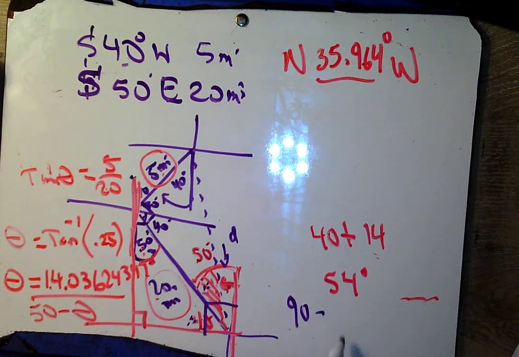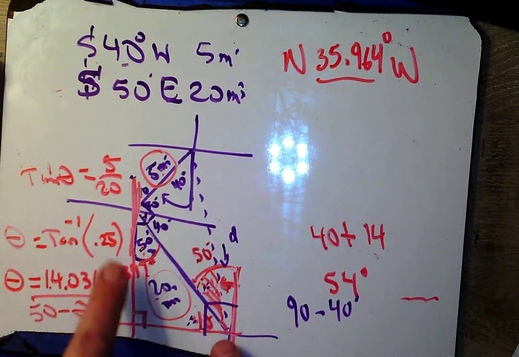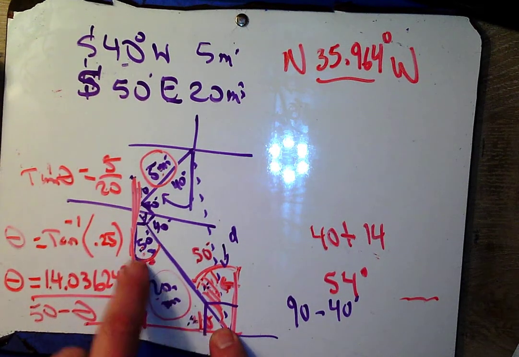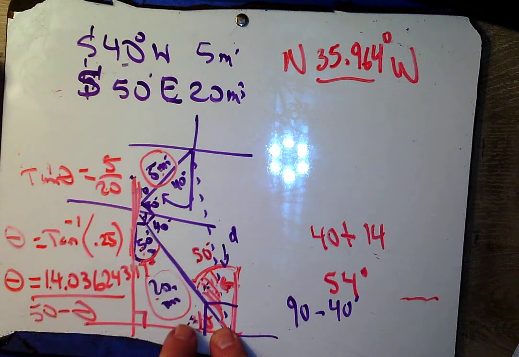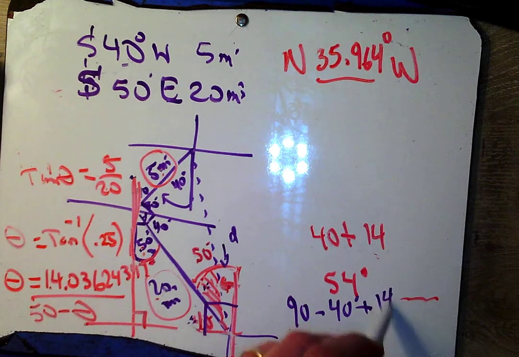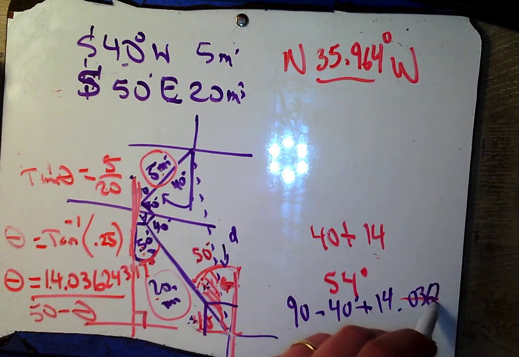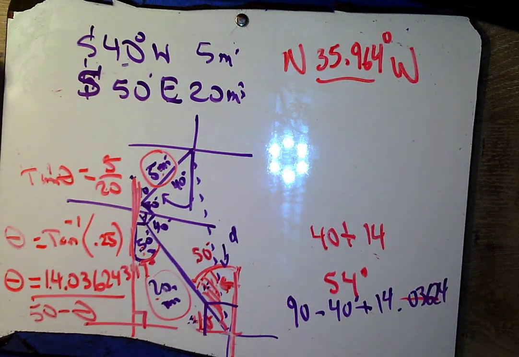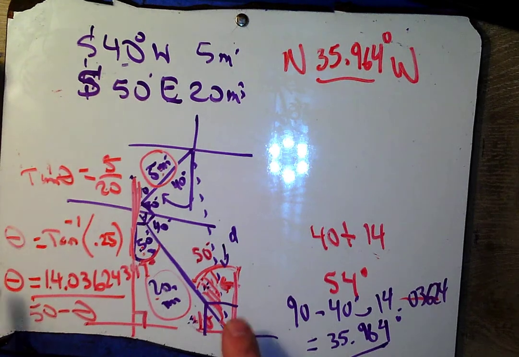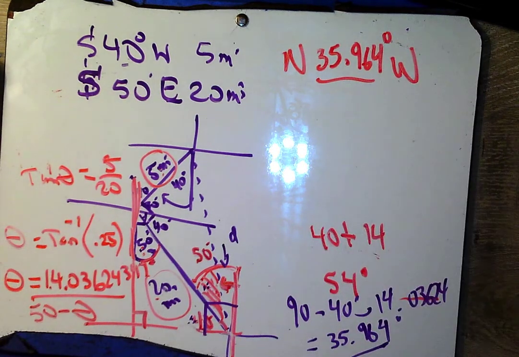So 90 minus 40, minus that 14.03624 number. And then what am I left with? I'm left with 35.964 degrees. So yeah, I can get that bearing angle a couple of different ways.